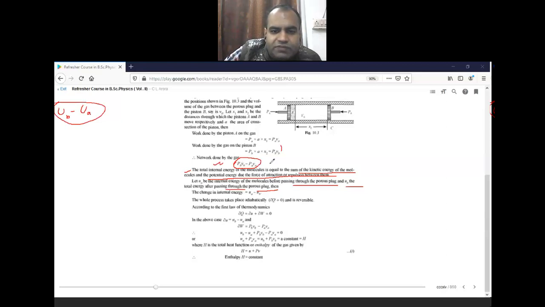Why? Because the net work done by the gas is given by PBVB minus PAVA. It is up to you. The net work done by the gas may also be PAVA minus PBVB, but I would like to keep the B terms positive. That's why this is the change in internal energy of the gas once it passes from region A to region B.